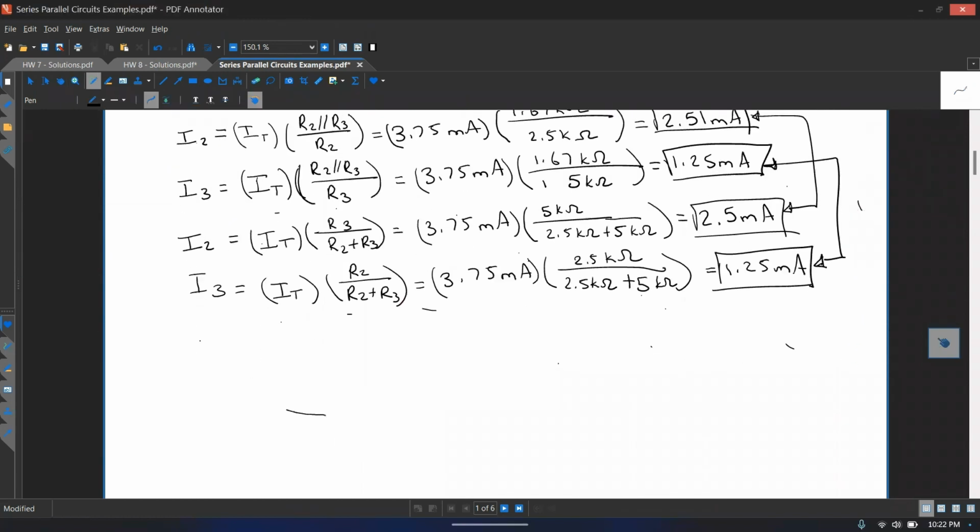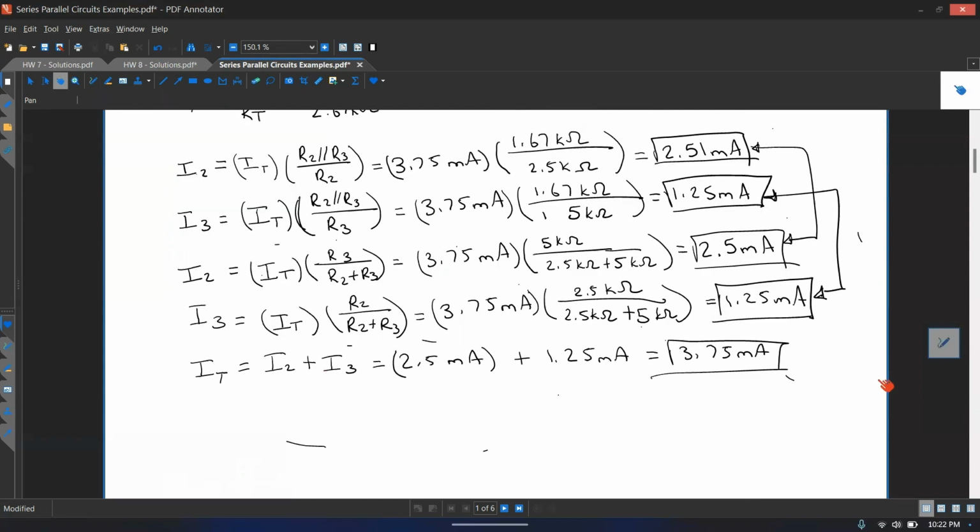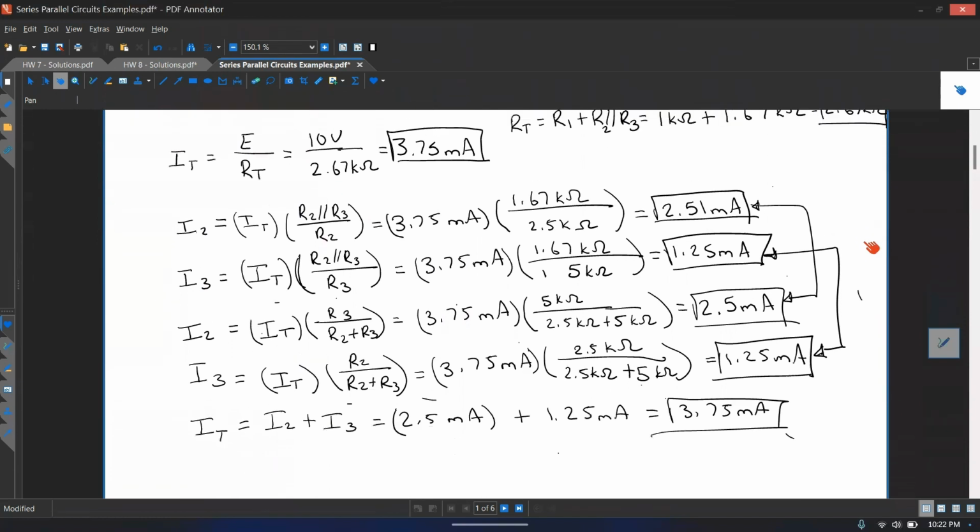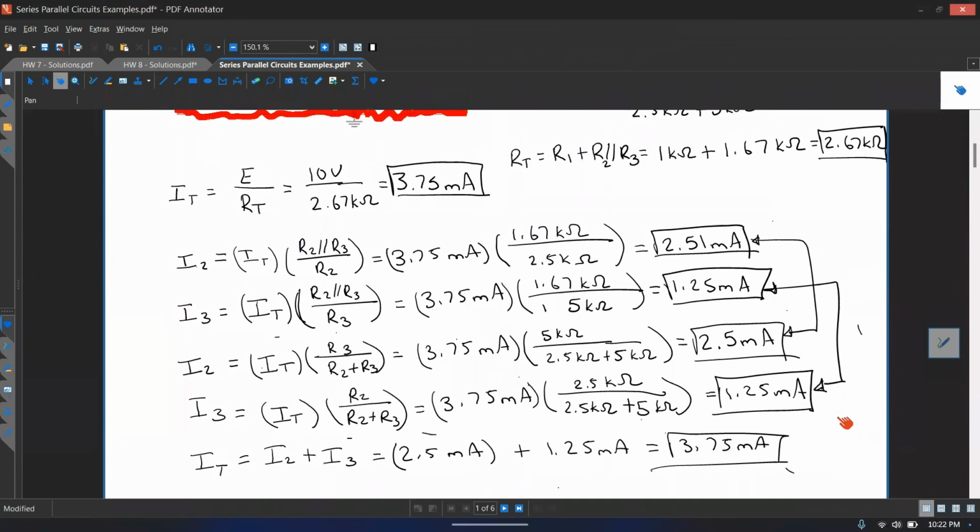So if you do a quick check, I total is equal to I2 plus I3, which is 2.5 milliamps plus 1.25 milliamps, which equals 3.75 milliamps. And so that checks out. All right.